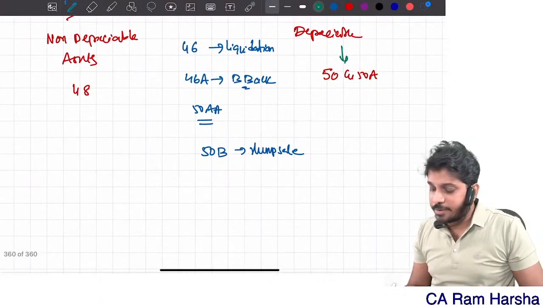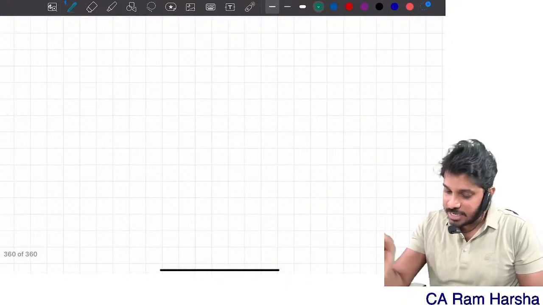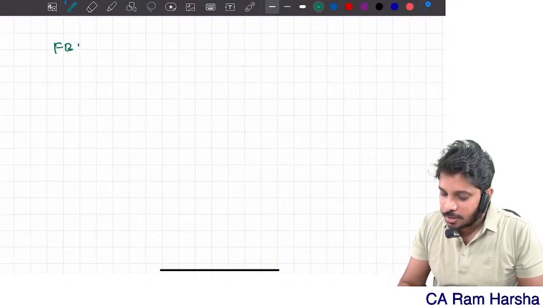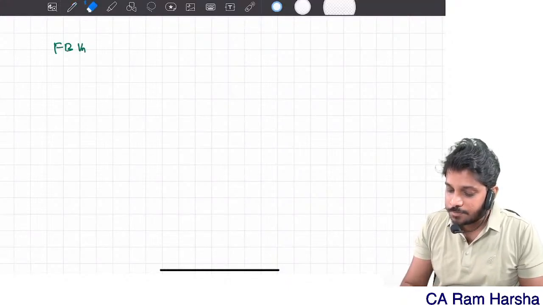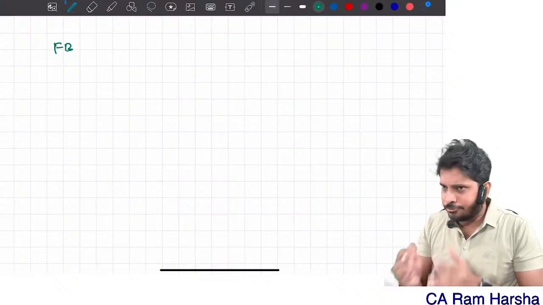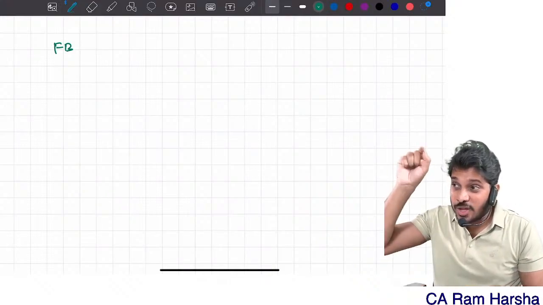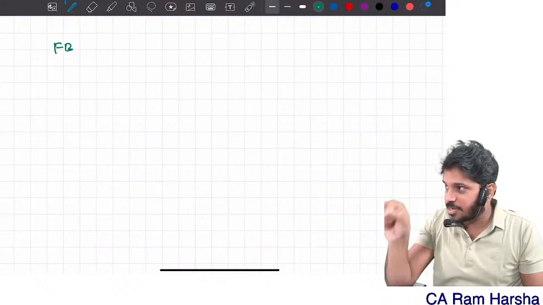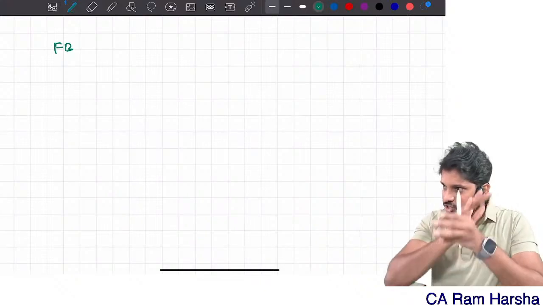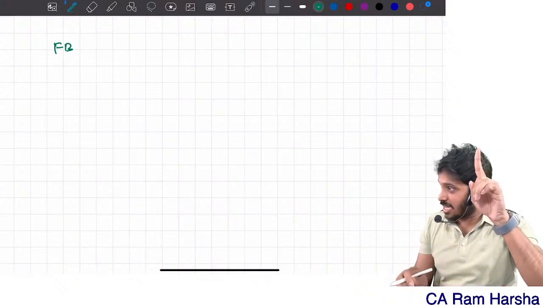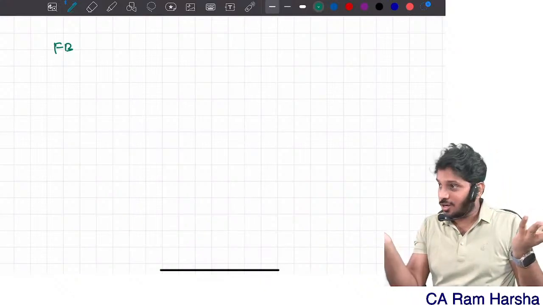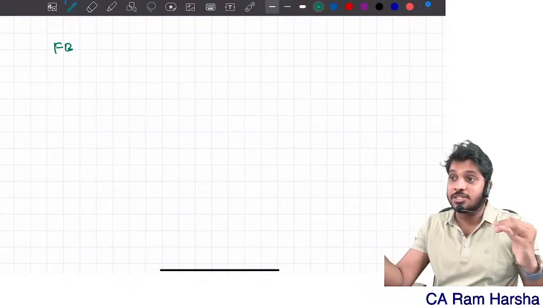How to compute capital gains on depreciable assets? Very simple. In depreciable assets, you sold the full block. The full block is transferred. As on 31st March of the relevant previous year, a particular block is not there at all. On 1st April the block is there, but on 31st March the block is not there, which means the block itself has ceased to exist.